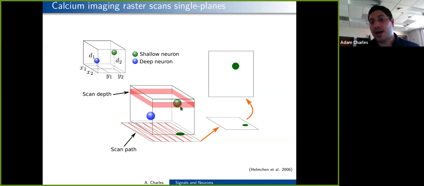And every cell that you happen to hit fluoresces. You get an image of that cell in the frame of the video that you get.